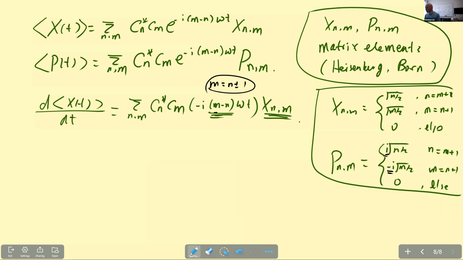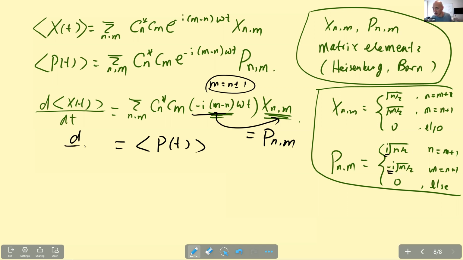So this one times this one is nothing but just p_nm. So that's very nice, we obtain the result. And similarly, I leave this one as an exercise again for you. Just follow the same procedure. This equals minus omega, so there's omega right here.